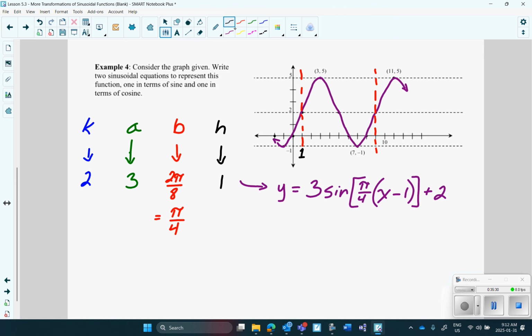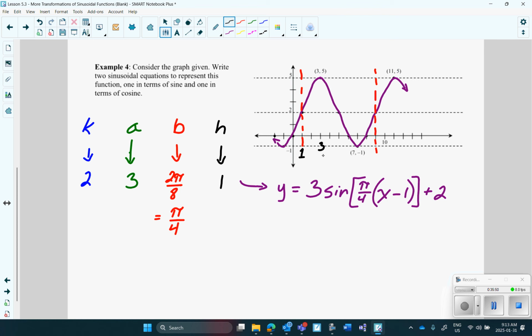What if we did cosine? Where do you see a regular cosine graph starting? 3. So it starts at 3. So it shifted 3 to the right.